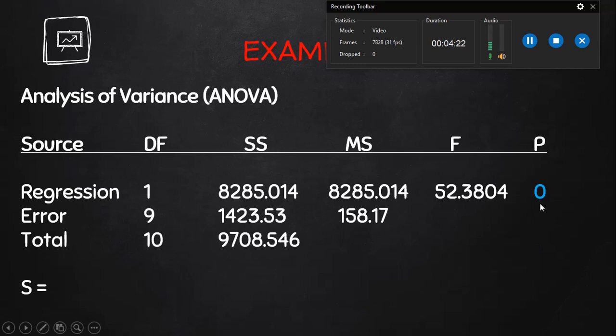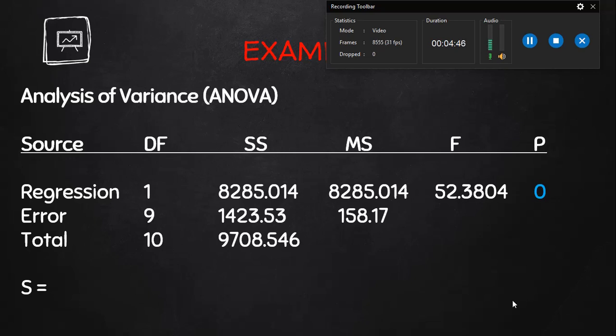To get your p-value, it would be FCDF on the calculator under the wrench. Then they'll ask you some questions for you to input. Now, the last thing we're going to do on this ANOVA is to calculate S, our sample standard deviation.